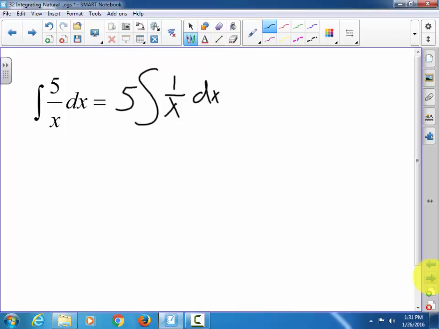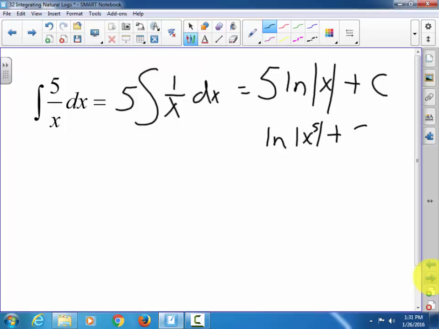So now the integral of 1 over x I know is ln of the absolute value of x plus c. We've got a 5 on the outside of the integral, so we've got a 5 on the outside of the antiderivative. Now, that's not the only way you could write that. You could also write it as the ln of the absolute value of x to the 5th plus c. Why can I do that?